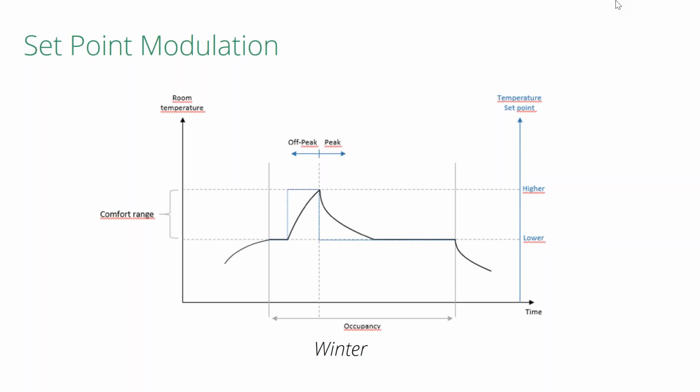During the winter, the thermal zone is set to the highest limit value of the comfort range before the peak period, as you can see here in the middle. Then, when the peak starts, the set point is decreased to the lowest limit value. So if this process is optimized, the cost of the extra energy used before the peak period is lower than the cost of the energy saved during the peak period.